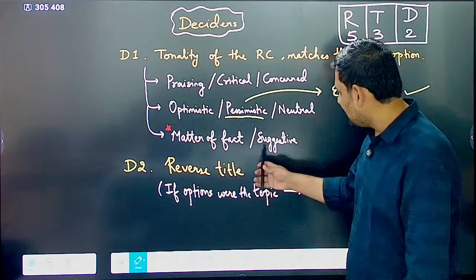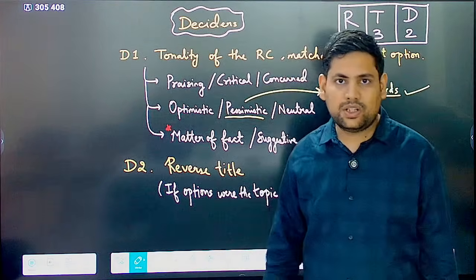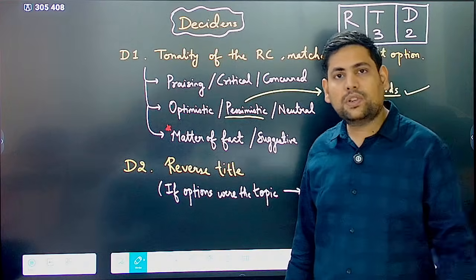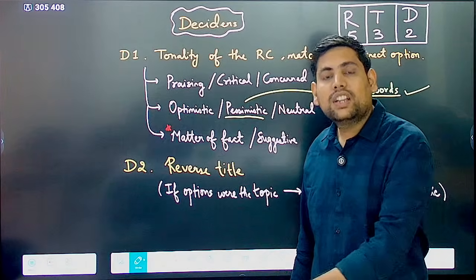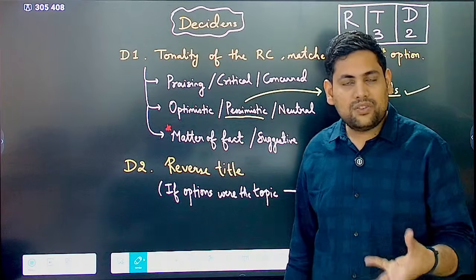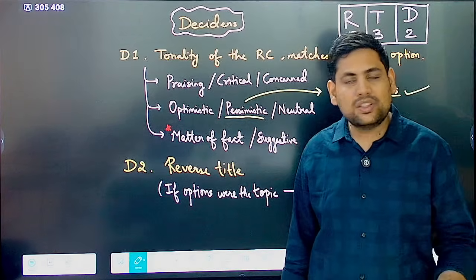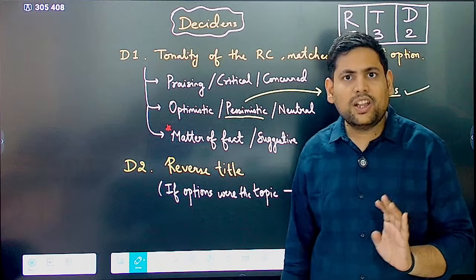Now, what is a suggestive reading comprehension? It will say that semiconductor is the future. If India wants to be the frontier country in this future, it must invest in semiconductor technologies. For that, we must be developing fabrication labs which are not present in India, and we are dependent on other countries. So what is this?